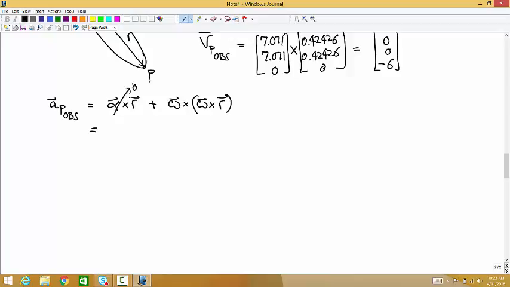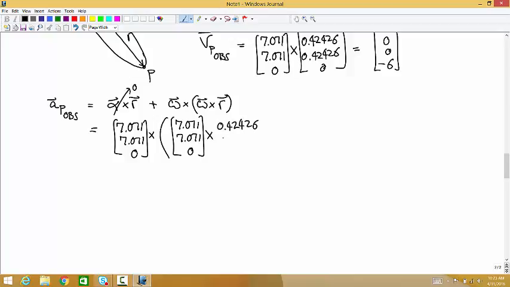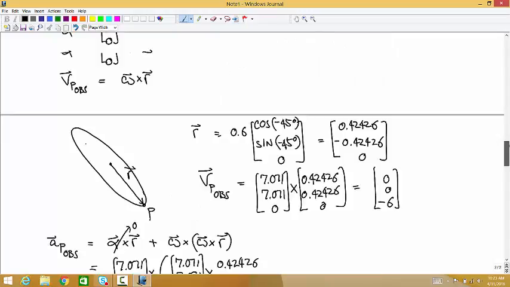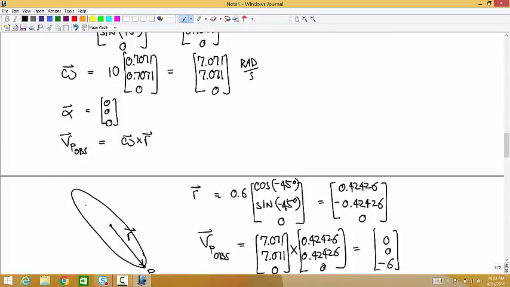There's no angular acceleration, so we just have 7.071 cross quantity 7.071 crossed with the r vector, 0.42426. I dropped off a negative here, but I think my answer is right because I just read that answer off my notes.